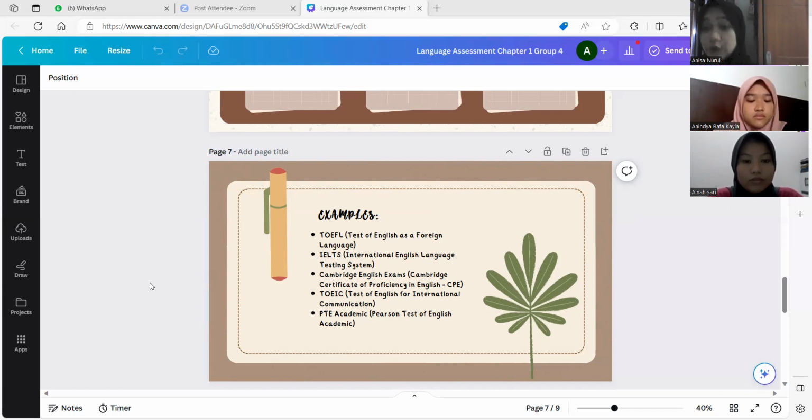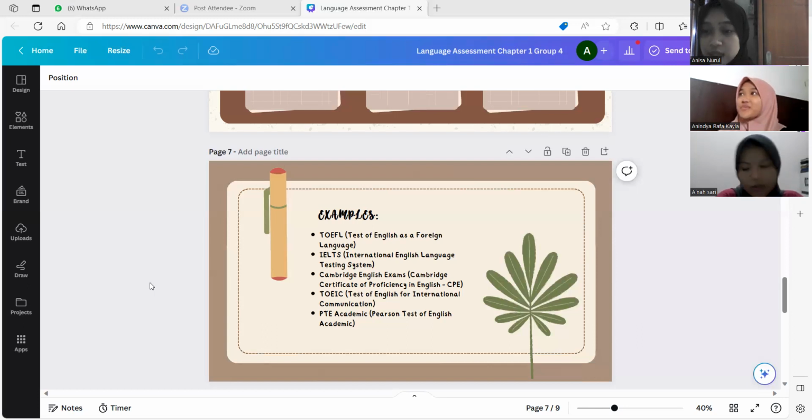And then the third is Cambridge English Exams or Cambridge Certificate of Proficiency in English or CPE. These exams are administered by the University of Cambridge and assess English proficiency at various levels, including CPE, which is the highest level. And then there is TOEIC. What is TOEIC? It is Test of English for International Communication.